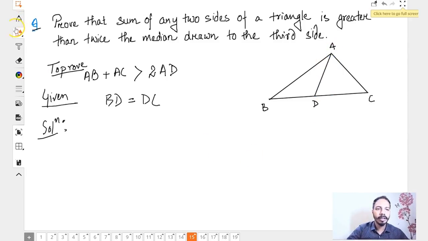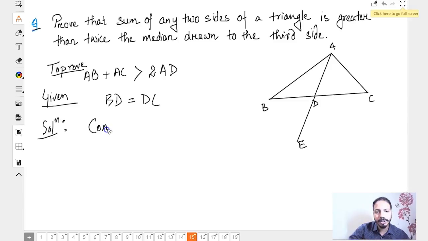So let me give you the hint. The construction should be such that I take a length DE such that it is equal to AD.